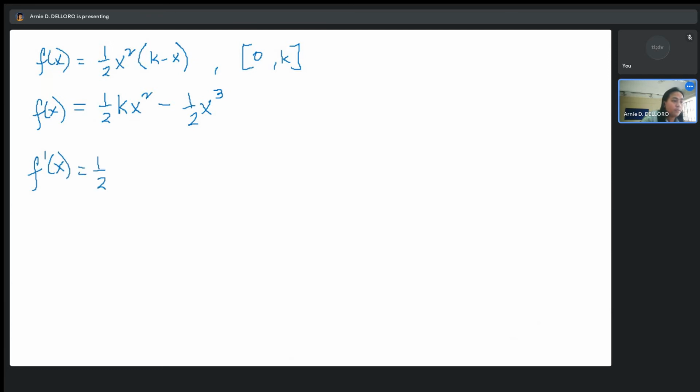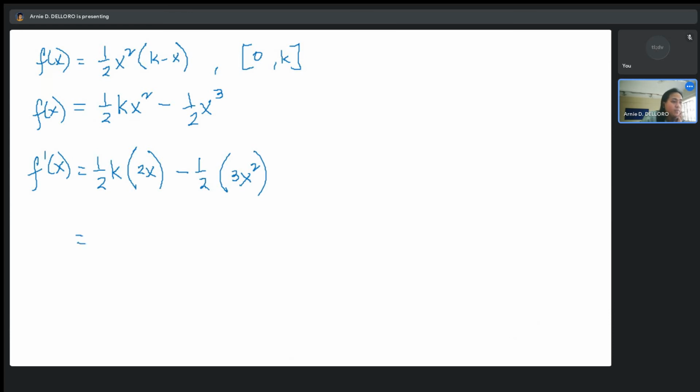Now, let's determine the first derivative. So we have 1/2. Ilabas ko na din yung k since k is a constant, sabi sa problem. So 1/2 k times derivative of x squared is 2x minus 1/2. Derivative of x cubed is 3x squared.